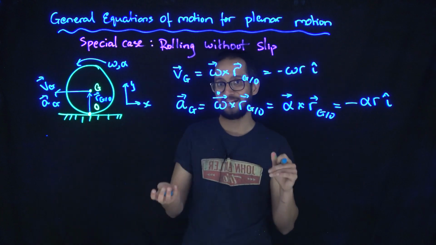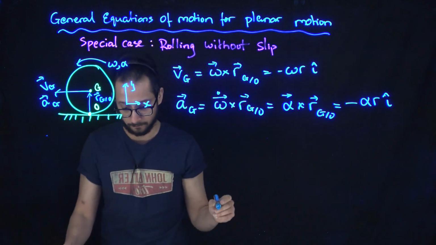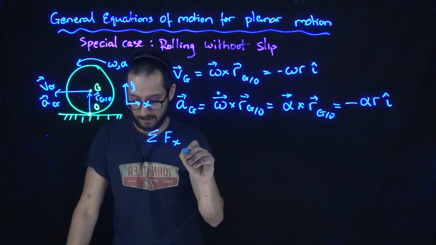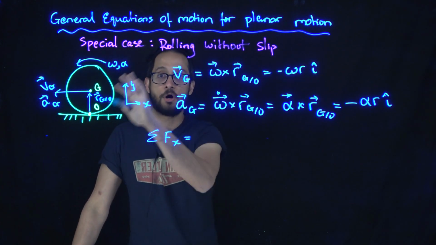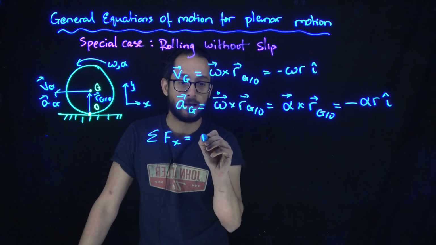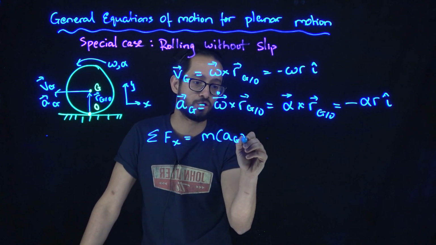Now looking at the kinetics of the problem, if I do my force equilibrium in the x direction, that's all the forces that act on my body from my free body diagram equal to m times AGX.